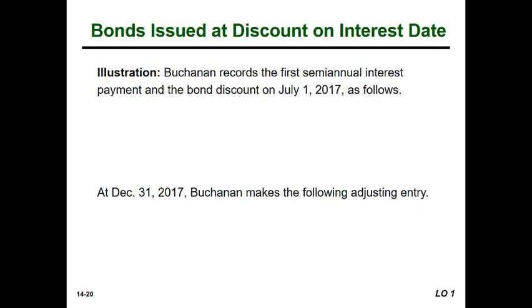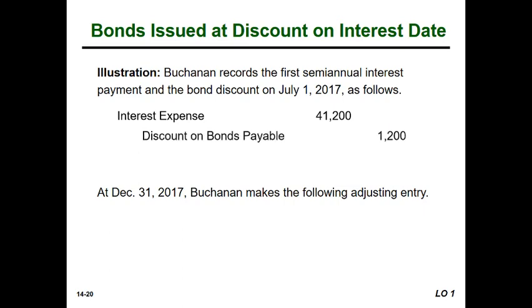It's going to occur at the same time. So we had $40,000 of interest, if you'll recall. However, we have an additional $1,200 that we need to recognize in interest expense as the result of proceeds not received from the original issuance. We will reduce our discount on bonds payable by $1,200 and we'll pay out the $40,000 in cash as expected.